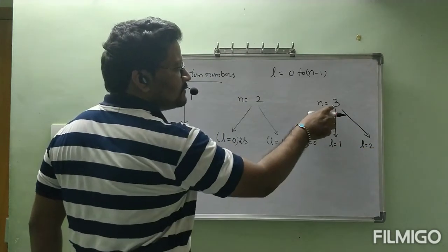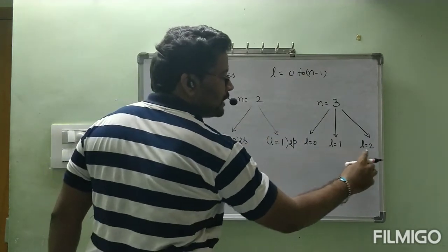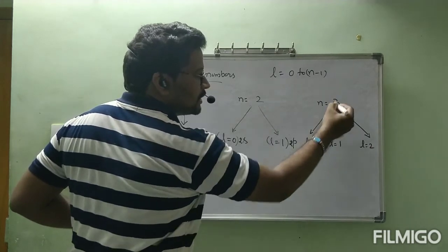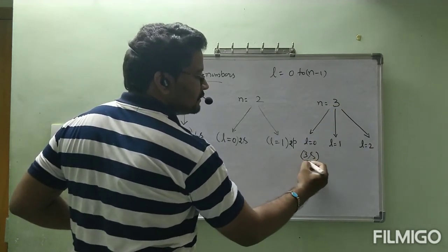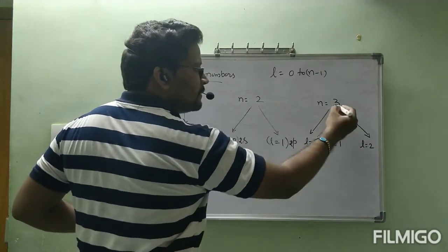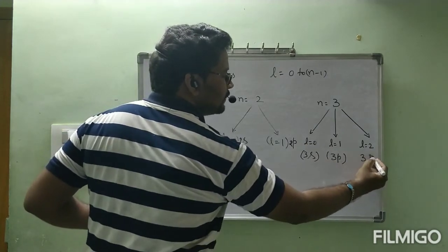See, keep this 3 here. 3 minus 1, 2. 0 to 2. 0, 1, 2. L is equal to 0 means S. That is belonging to 3. That's why this is 3S. L is equal to 1. It is P. Belonging to 3. That's why this is 3P. Now this is 3D.